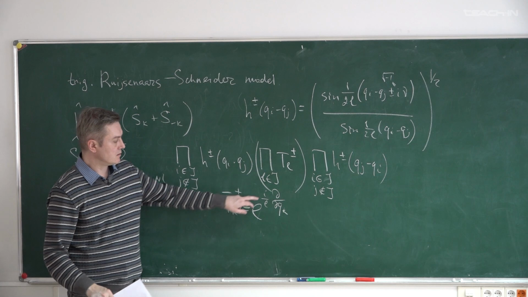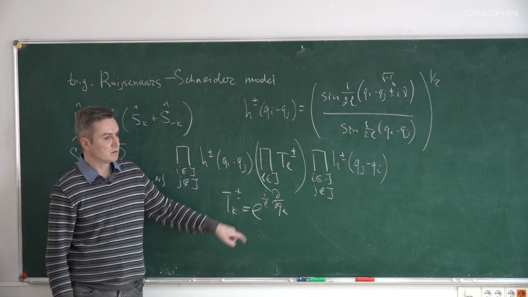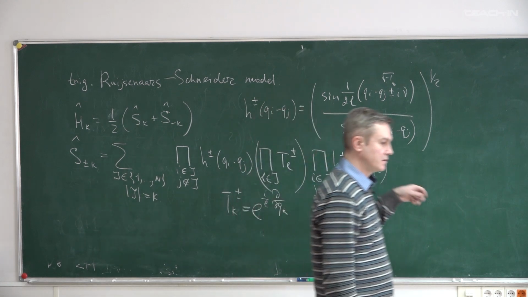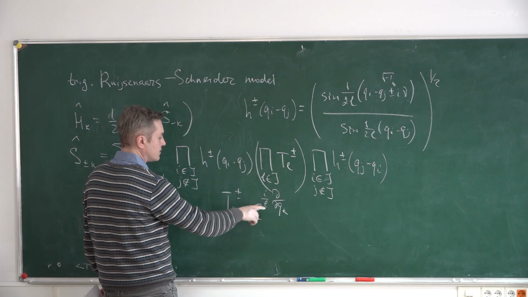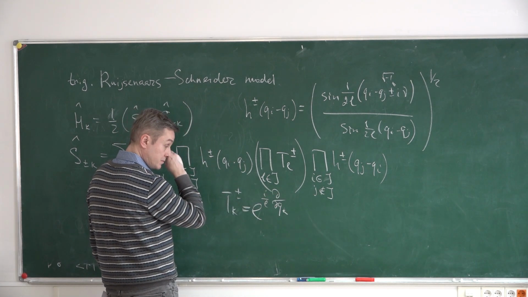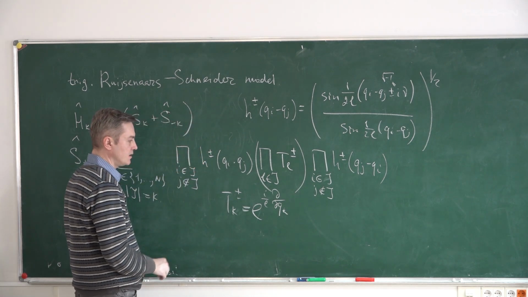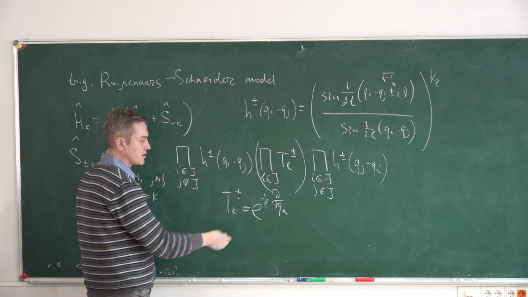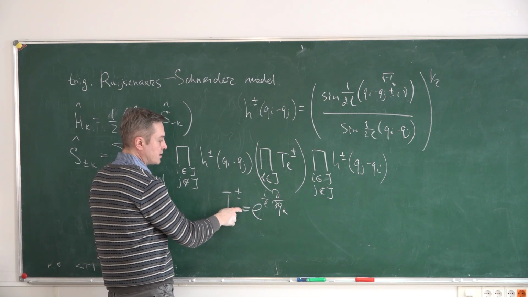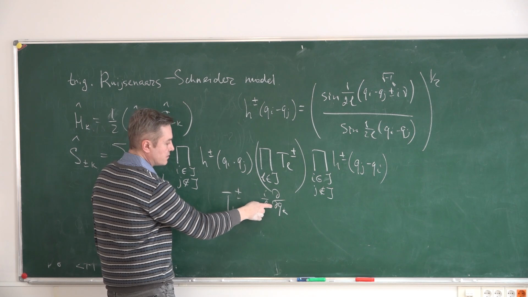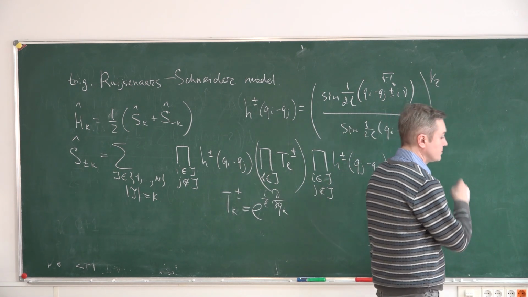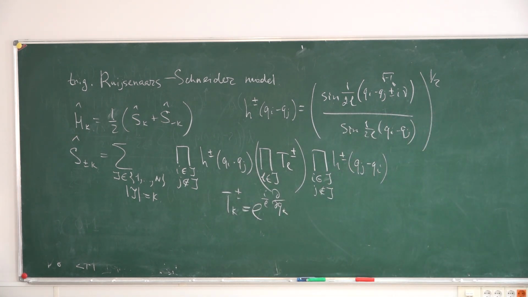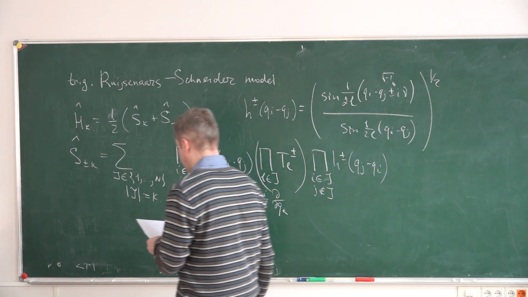It shifts a function by this coefficient. When you have an exponent of a differential operator, it's just a shift operator. It acts on a function of these q variables, and the action of this operator is a shift of the corresponding variable by this coefficient. Or we may put it differently.